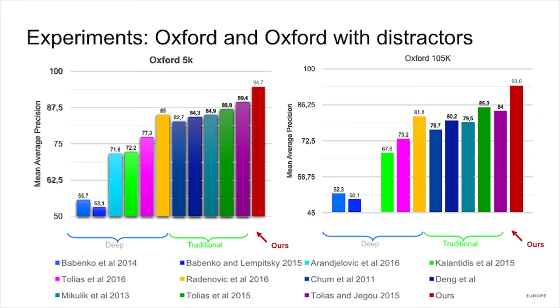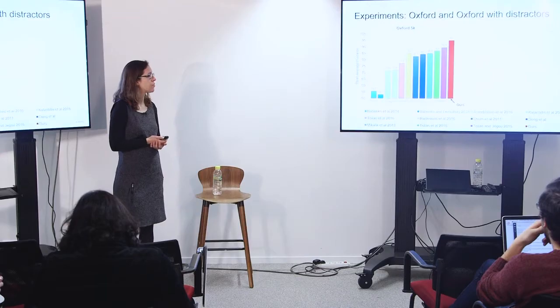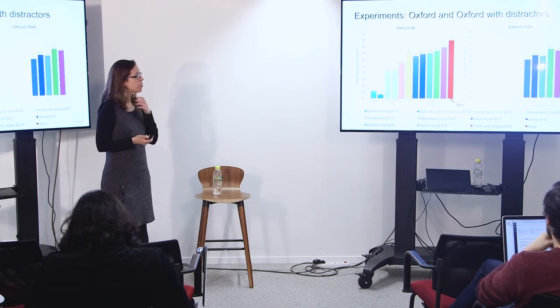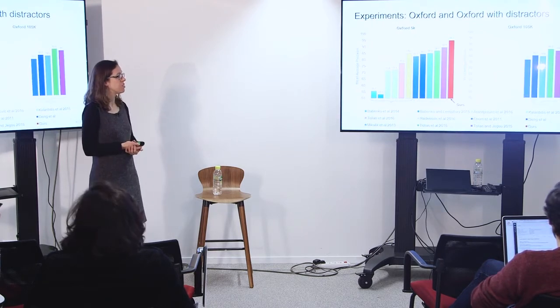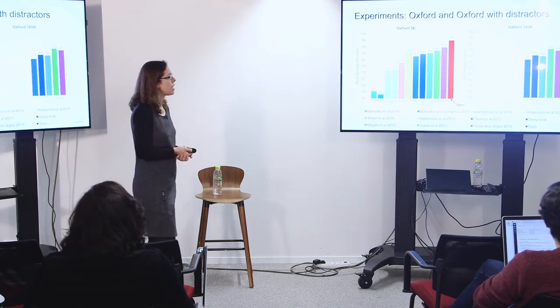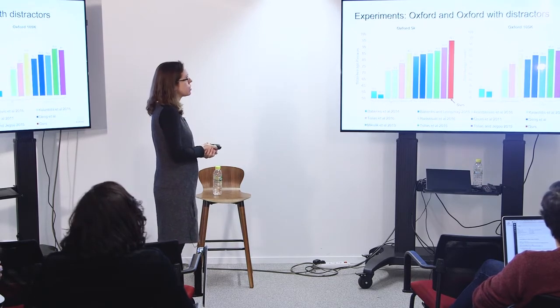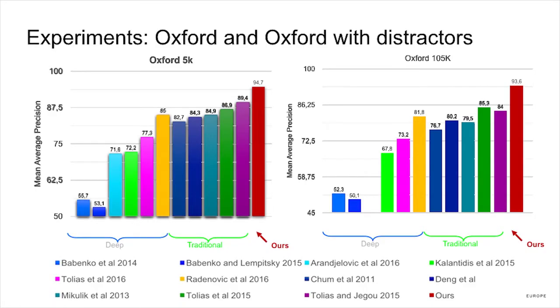Now, if we look at the results we obtain with the improvements I described, we see that we get better results than previous deep approaches, and we're even better than more standard approaches that use interest point detection. And if we look at what's happening for the same version with the distractor images, we have traditional approaches, the deep learning ones, and then our approach is also giving the same kind of pattern, better results than both types of approaches.